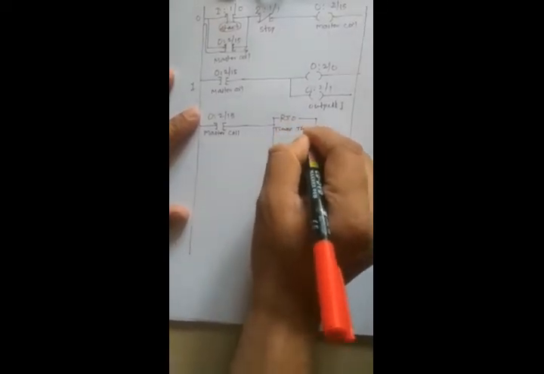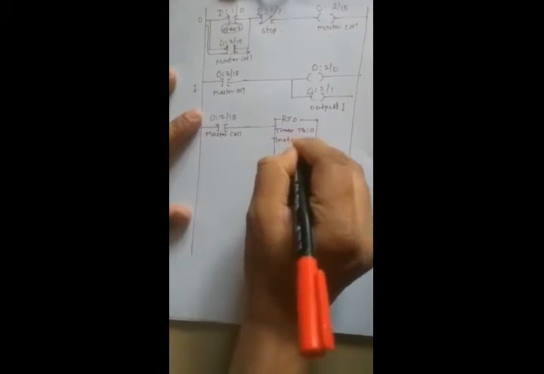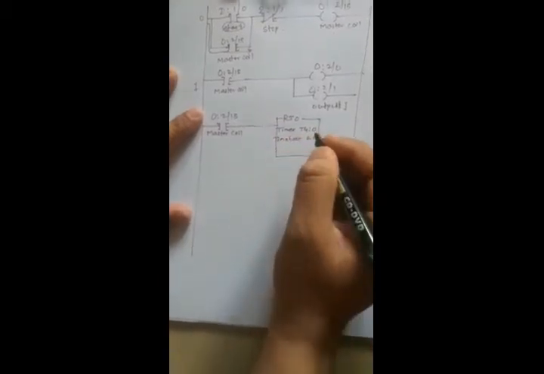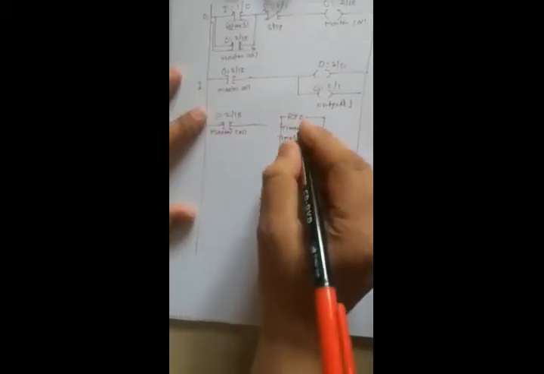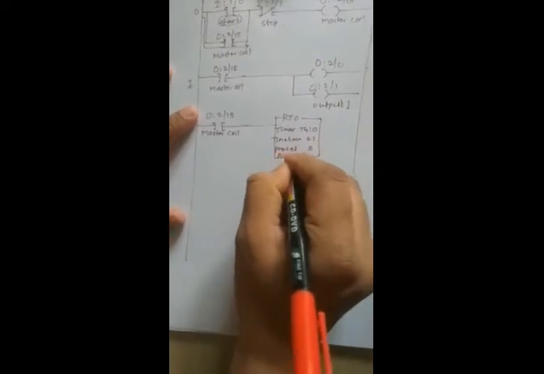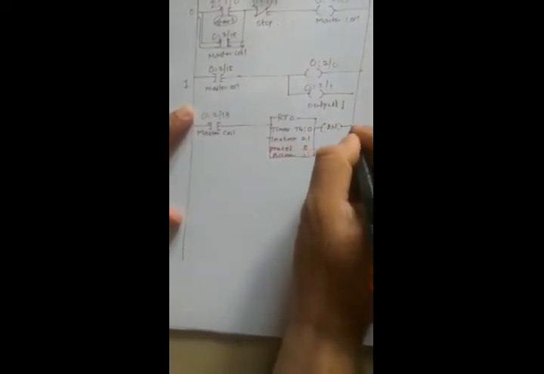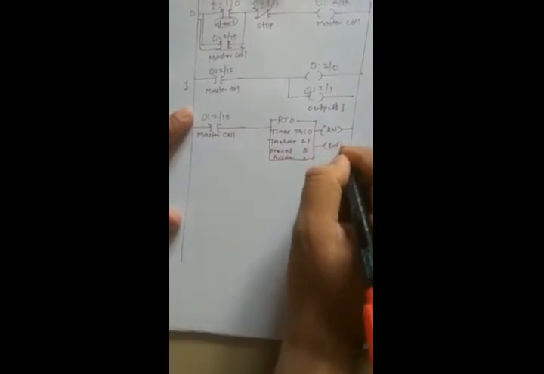So first T4:0, then what time base we have to indicate. The time base here we used is 0.1. Then the preset value is 5 and the accumulator is 2. Also indicate its enable bits and done bits.